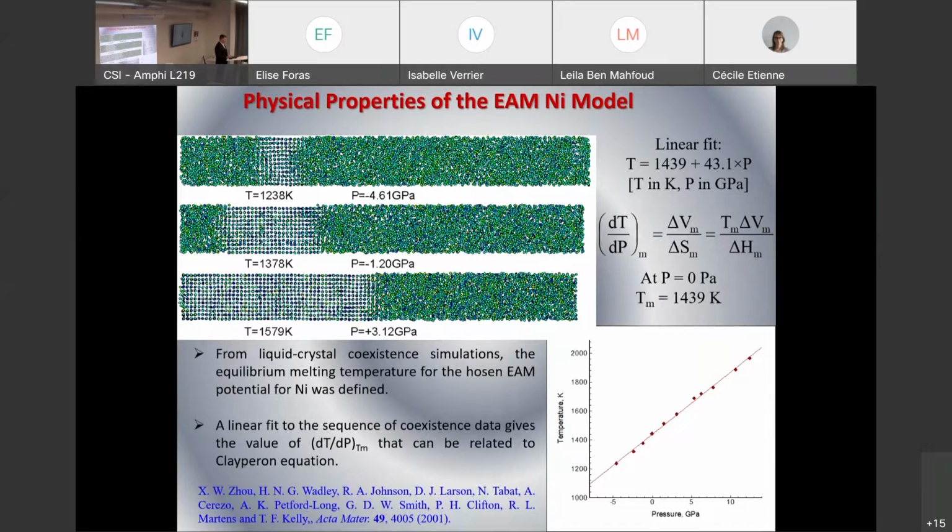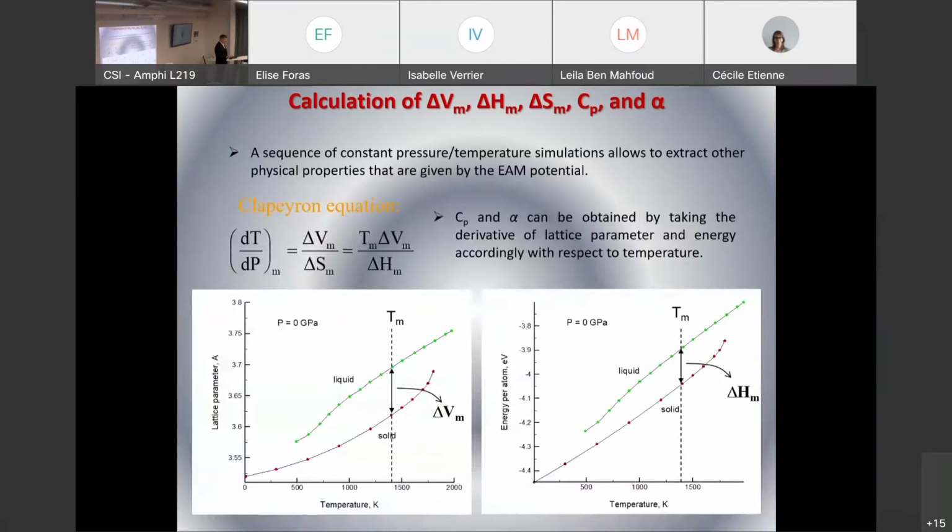Performing a sequence of such simulations at different pressures and applying a linear fit on the pressure-temperature axes, we can understand that, first, this line is related to the Clapeyron equation, but second, and most important, at zero pressure we can reliably define the equilibrium melting temperature at normal conditions. Also, the Clapeyron equation involves other thermodynamic properties that can be defined from different constant-pressure, constant-temperature simulations.